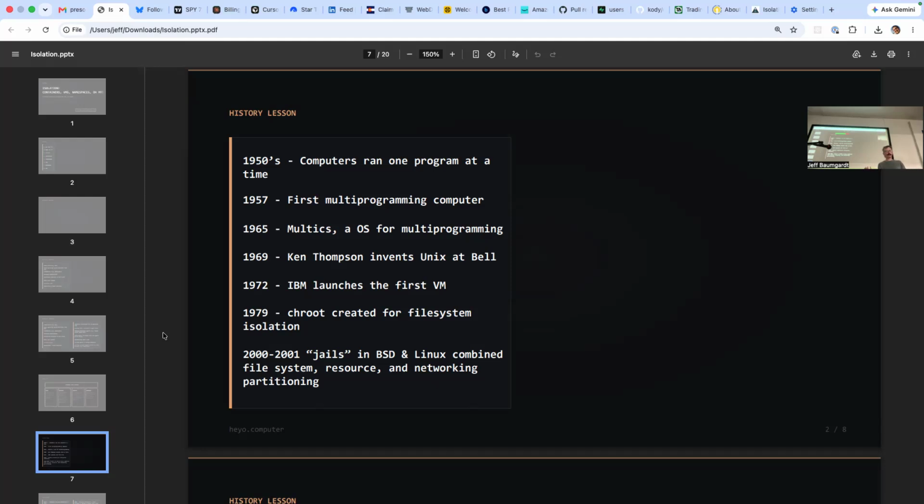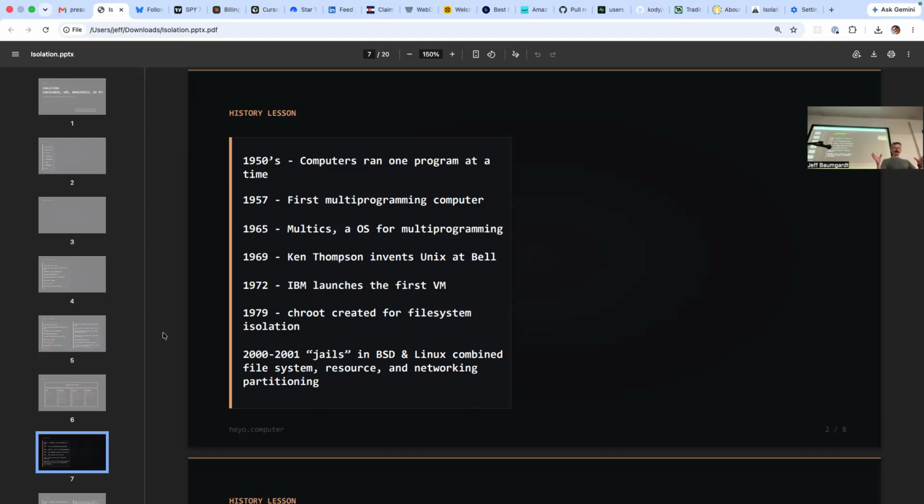If you've ever programmed on a Chromebook, this might be a familiar thing, but chroot is a way to kind of reposition the directory structure of your file drive so that a program can only see this small snapshot of it instead of seeing this entire thing. So that's one of the earliest ways of adding isolation on top of these multi-user systems.